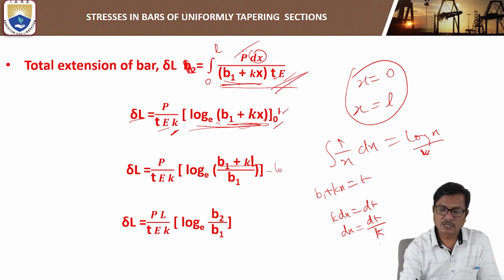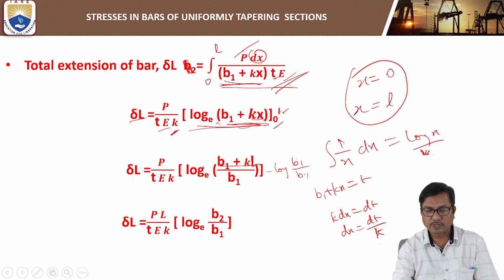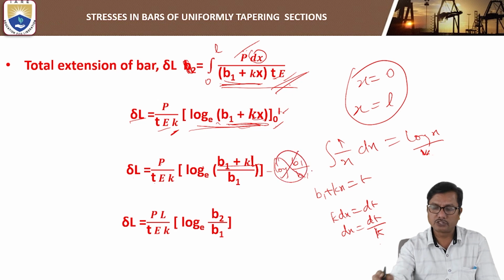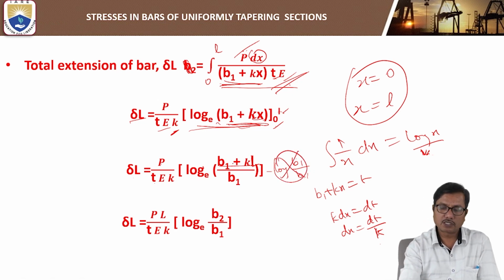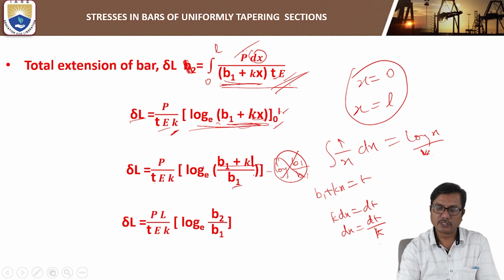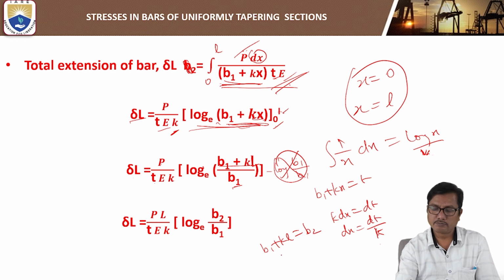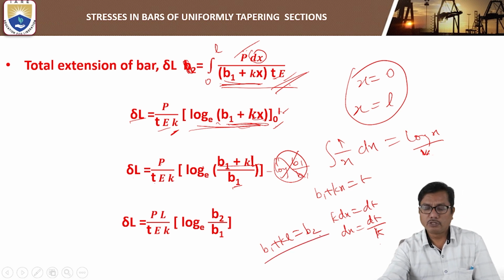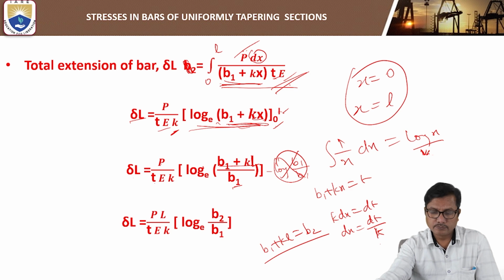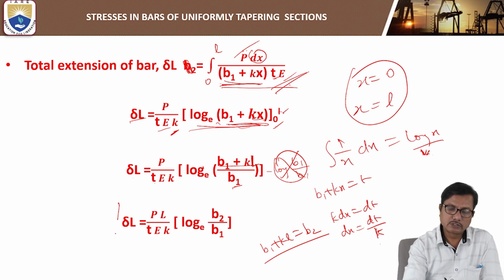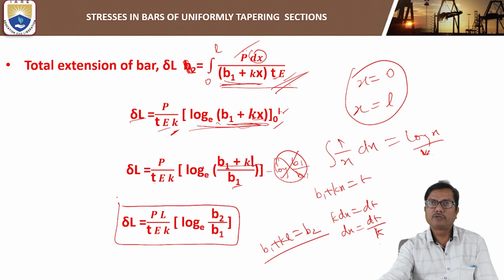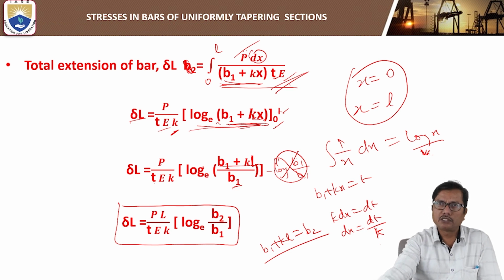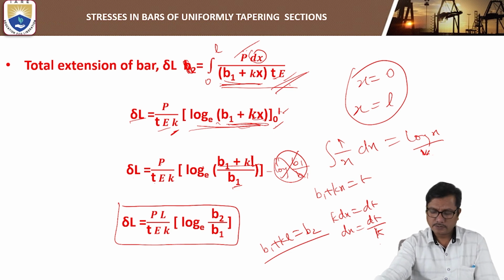It becomes log b1, so that term is log of b1 by b1, that is log 1, which is 0. So you will have log of (b1 plus kL) by b1. And what is b1 plus kL? Nothing but b2. So the total extension is given as PL by tEk log b2 by b1.